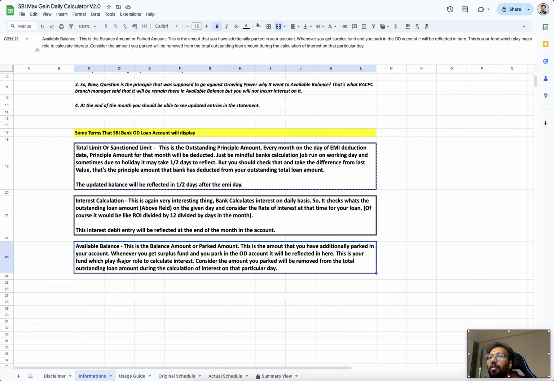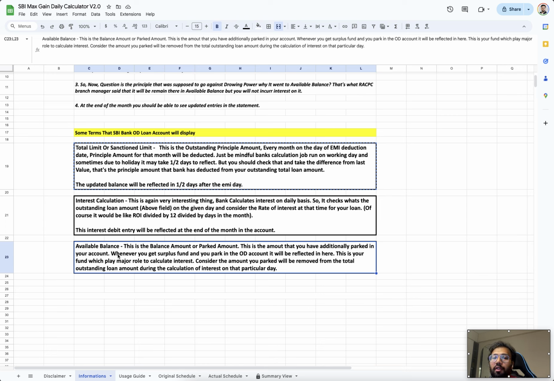Okay, so available balance is the balance where you park the money, right? Whenever you put surplus funds in your account, it's your fund, right? You are just parking that amount for a while so that for a given time you are reducing your outstanding loan amount. So that fund is yours.